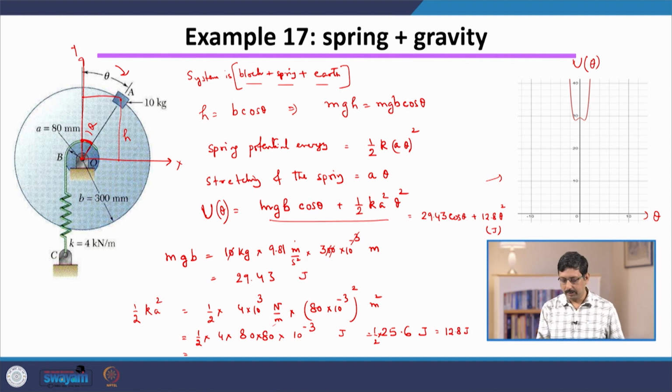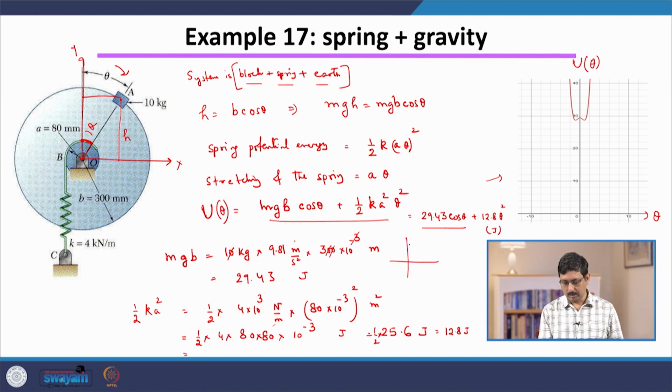So, how does this function look like? The way to do it is to first plot each of them. You know how the cos theta looks like. It varies from plus 1 to minus 1. So, some constant times cos theta will vary from plus a to minus a.